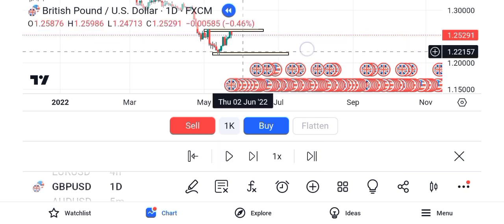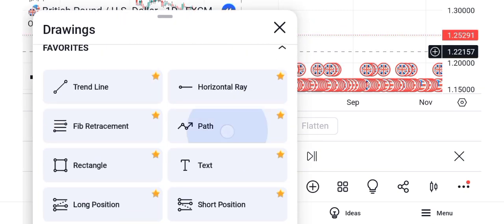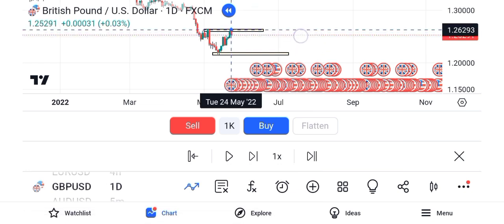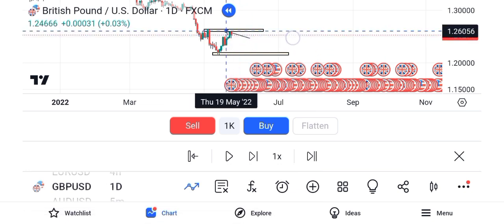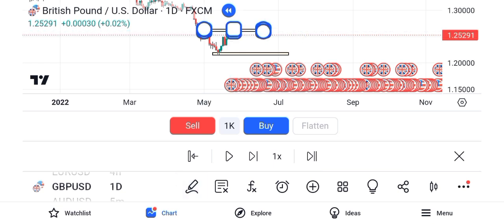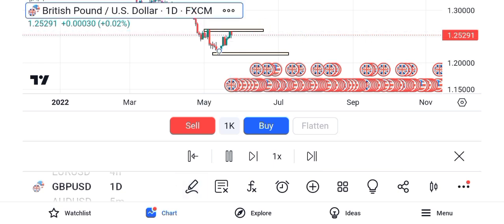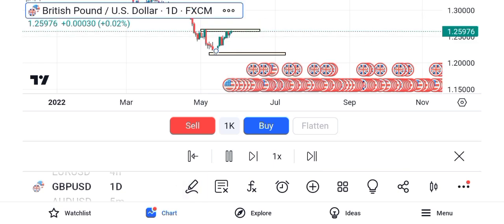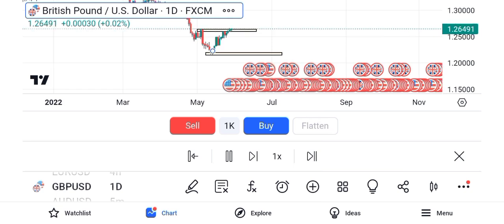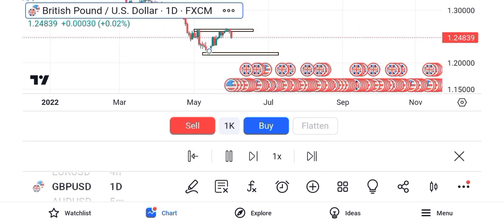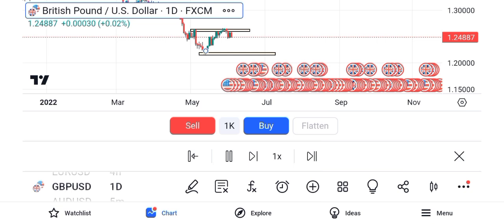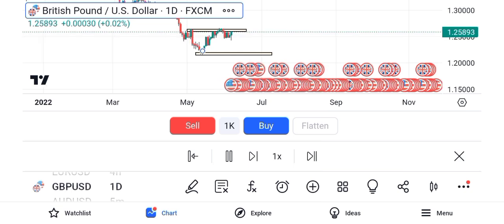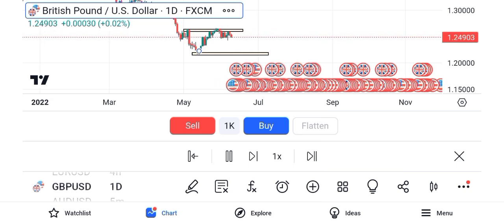We realized that price touched this particular resistance level here, price touched this resistance level here, price touched this resistance level here. So now let's see how the market behaved. I see price respected the resistance level, then you see price coming downward.